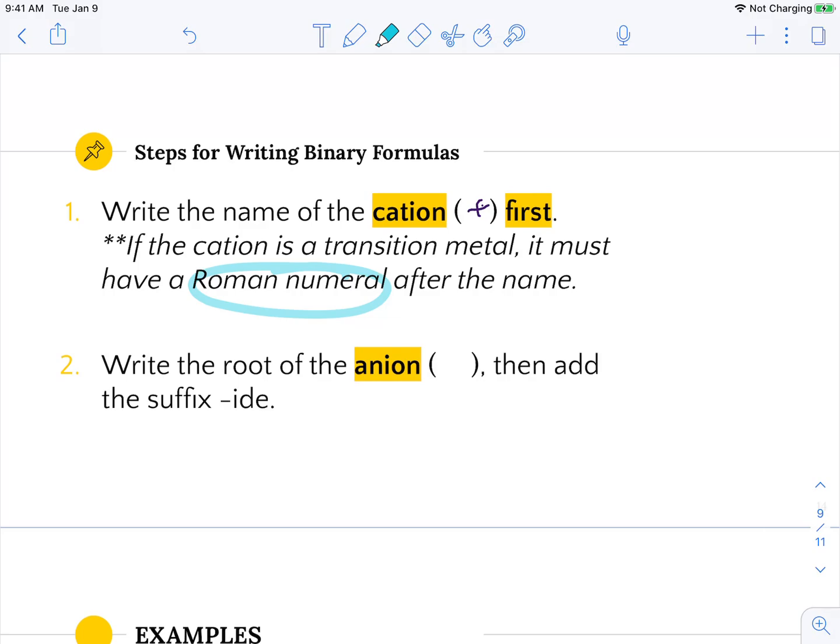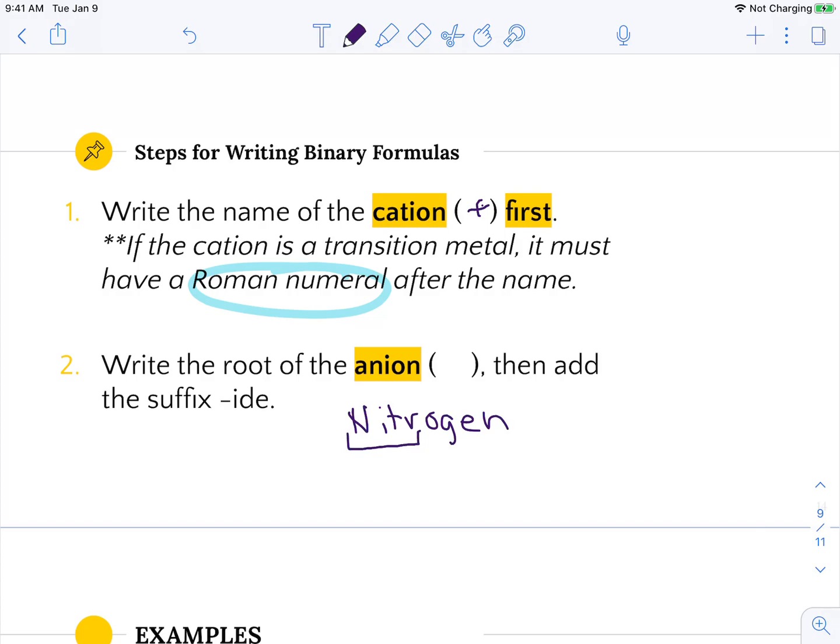Write the root of the anion. So, for example, if the anion is, let's say, nitrogen, the root of the word goes all the way up to the very first vowel, unless there's two vowels together.